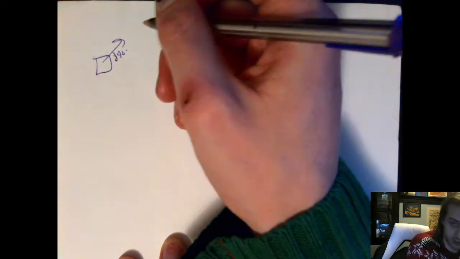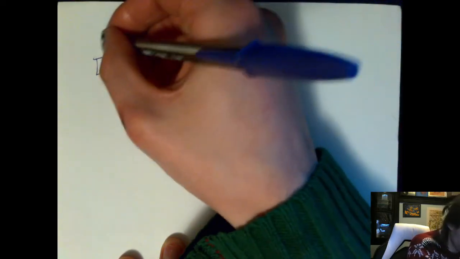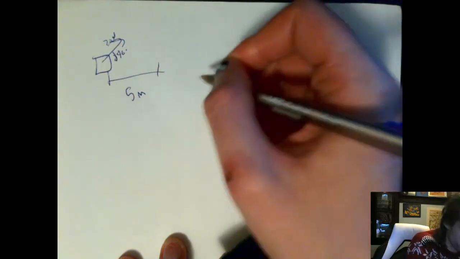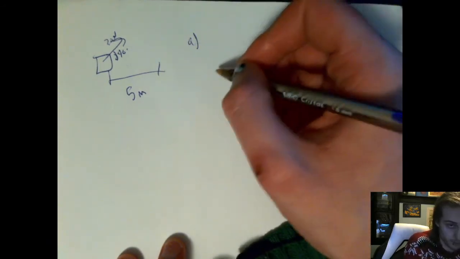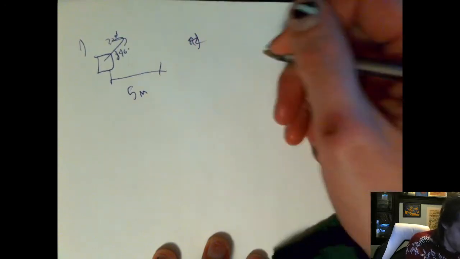So, doing that out, our first one is a box, and that box is being dragged at a 40-degree angle to the ground using 30 newtons of force for a distance of 5 meters from rest. So for A, if we want to find our work, there's no A, there's just number 1.